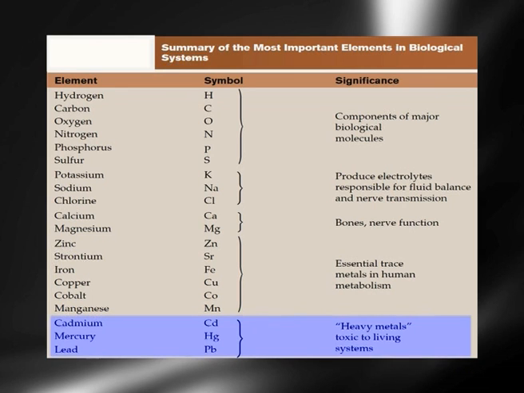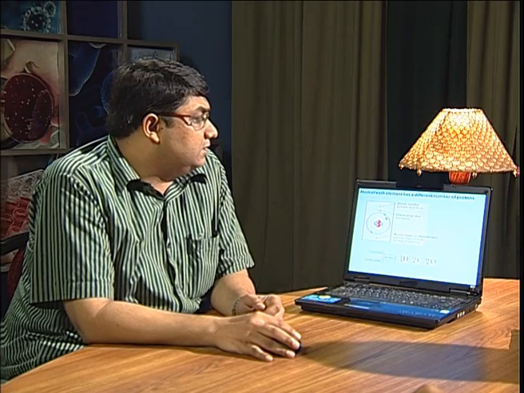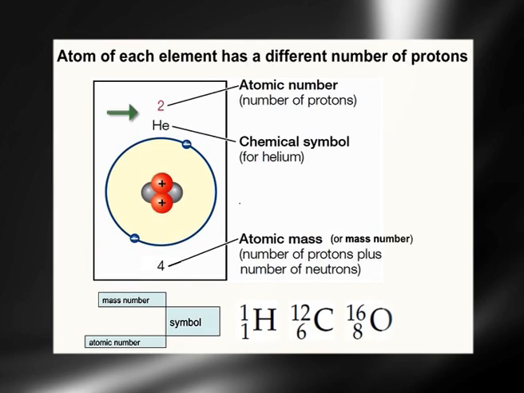Now, this is a representation of a typical atom where a chemical symbol is given to the atom. In this case, the example taken is helium. Each atom of any given element has a distinguishing number of protons that characterizes that atom, and that number of protons in the nucleus is called the atomic number.